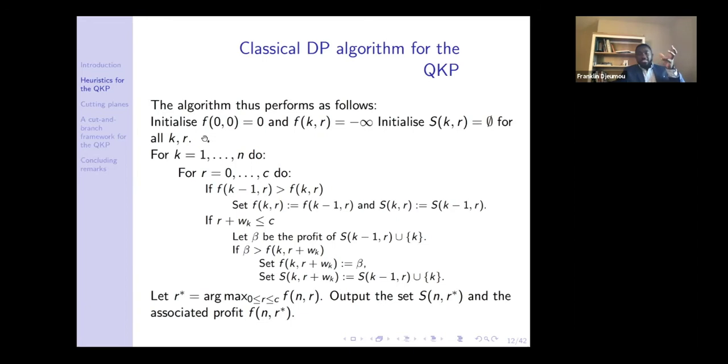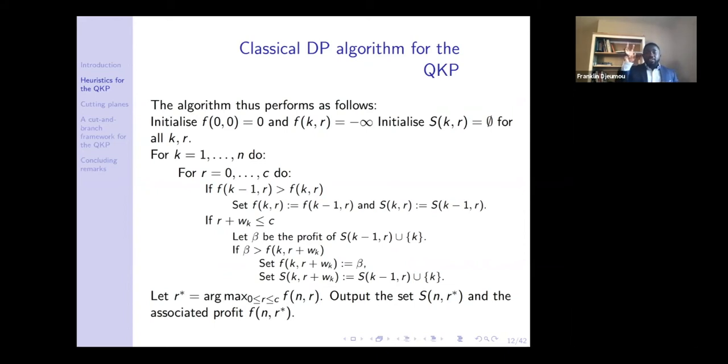In terms of complexity, we have an order of n with the first for loop, an order of c with the second for loop. And when we come down to computing the profit of the best packing, it contributes an order of n. So in the end, we have an order of n squared times c, which is the complexity of the algorithm. So it becomes pseudo polynomial, pseudo quadratic, or pseudo polynomial if you want.